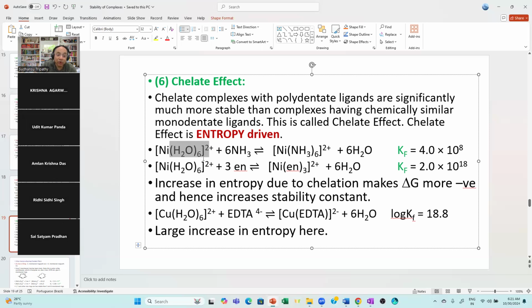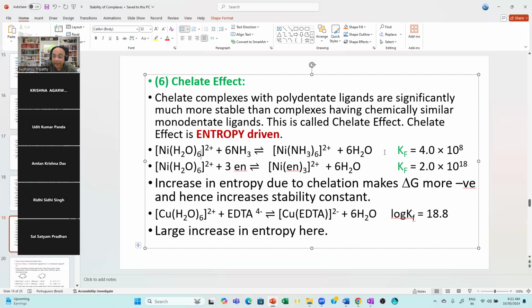You might be wondering why it is 6. Given a choice, copper forms tetraaqua, but sometimes it can also form hexaaqua, given the conditions. Given no other favourable condition to increase the coordination number, it will form tetra coordination, but hexa coordination is also possible.